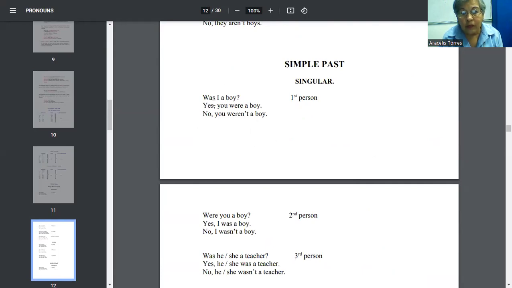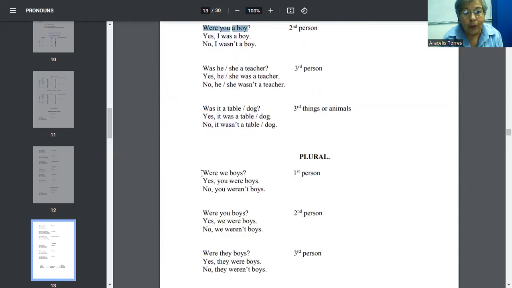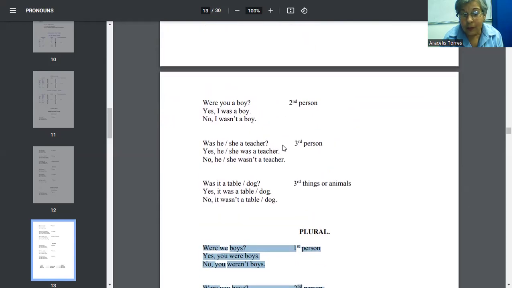We first start with the verb to be, which means was or were, depending on the person. First person and third person singular are with was. Second person and the plural persons are with were. Okay? So it's I am, I was a student, now I am a teacher.